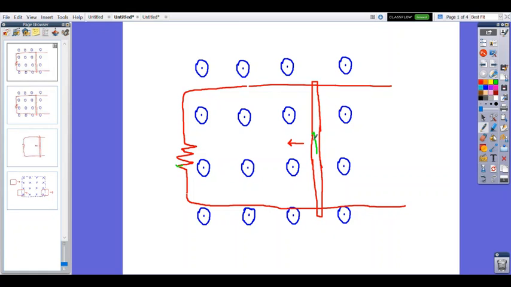So there should be a counterclockwise current flowing in this loop of wire as a result of me moving this rod to the left. All right, so that was Lenz's law. Okay, that's what you should have learned in the last video.